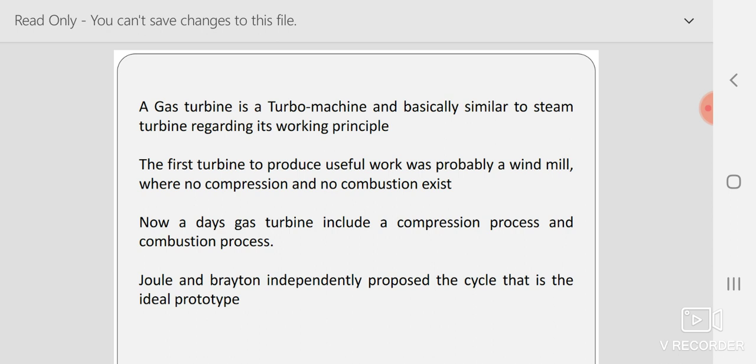But here you are totally dependent on nature. If there is wind flow, the windmill will rotate. If there is no wind flow or less wind flow, the windmill will rotate slowly and will produce a lesser amount of power. So it was initially used to produce power, but nowadays it is not of much use because we want power as per our demand.